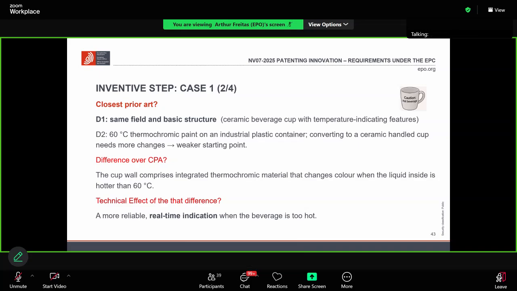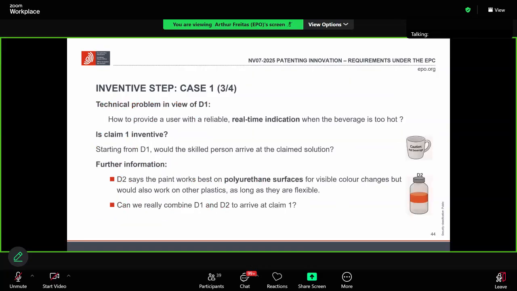Well, we have a more reliable real-time indication when the beverage is too hot. In D1 we have an indication, but it's a static indication. Here we have a real-time indication. The color changes, so you know that it is too hot. It shows immediately, right?